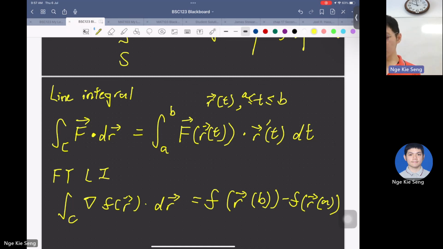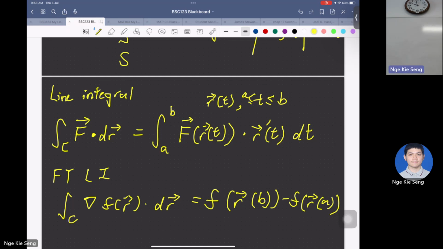Then you have three equivalent statements for a conservative vector field: the line integral is independent of path, and the loop integral is always 0 if you integrate over a conservative vector field.